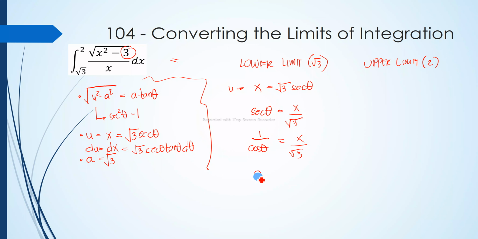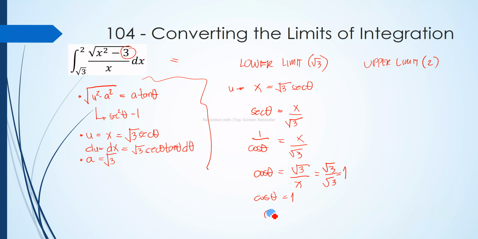Therefore, our cosine theta is just equal to square root of 3 over x. Now we just substitute the value of x, so we will have square root of 3 over square root of 3, that is just equal to 1. Or cosine theta is equal to 1.